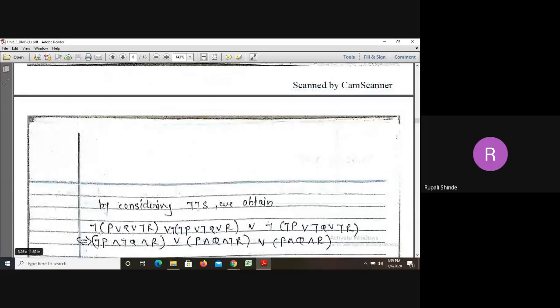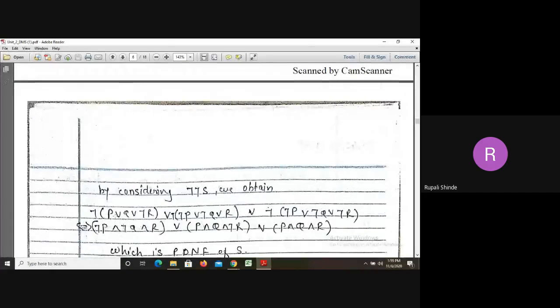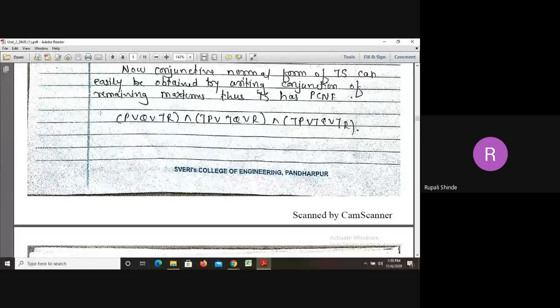Okay? Now we have to take negation of these whole terms. So negation of, okay, just apply negation for this whole terms, that is 3 terms. Then tell me what will be the answer. Okay, first of all apply negation for this first term.